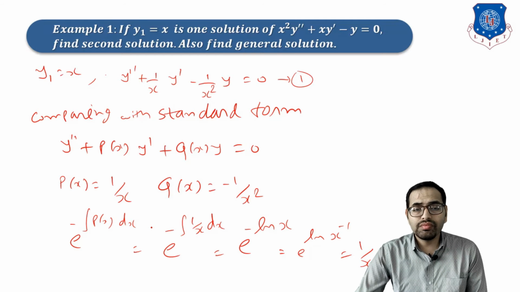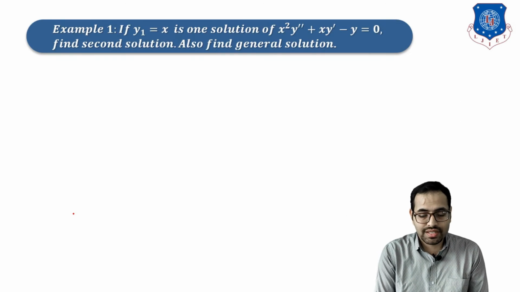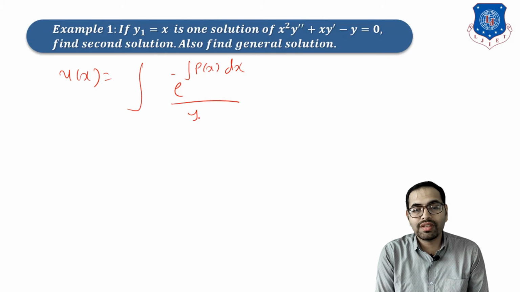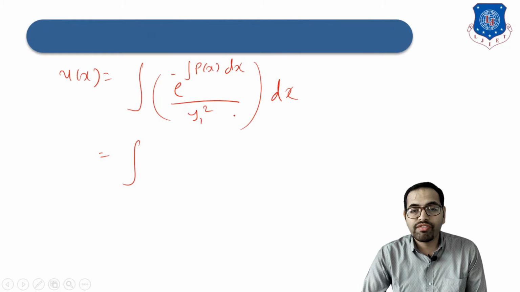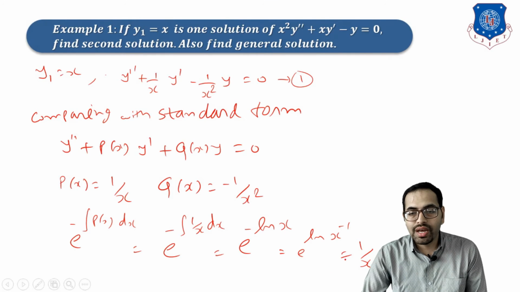See, now we have the formula of u of x. Then u of x equal to the integral of e raised to minus integral p of x dx upon y1 square, total dx. Understood? See, here we find the value of e raised to minus integral p of x dx, which is already found, that is 1 upon x.